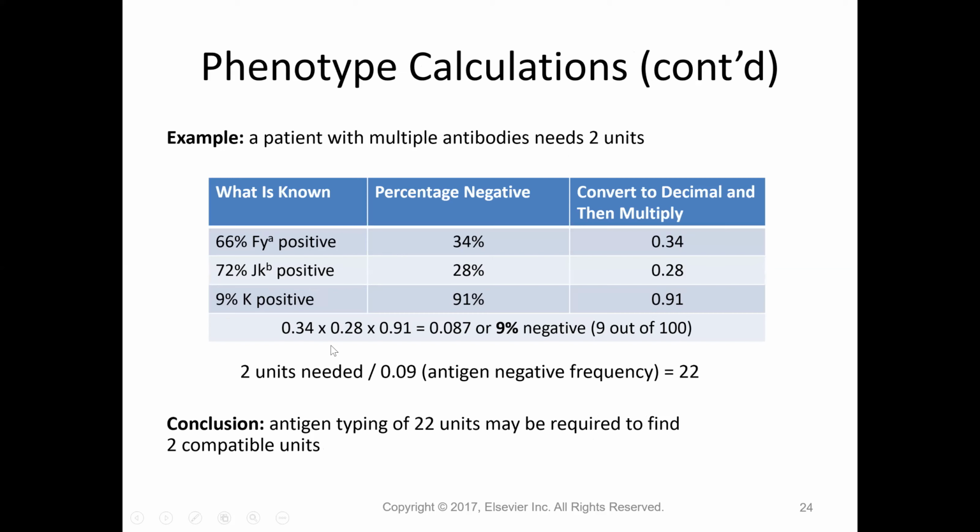So you take your 10% and then you take the 2 units needed and divide that by your 10%. But you have to do it as a decimal. Which would be 5, wouldn't it?